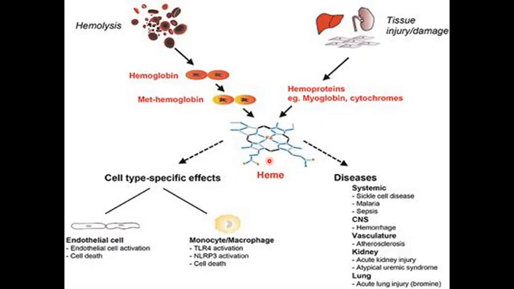But hemopexin is absent, so heme itself cannot be taken up by the liver. So what will the extra heme do? It will produce different types of diseases.